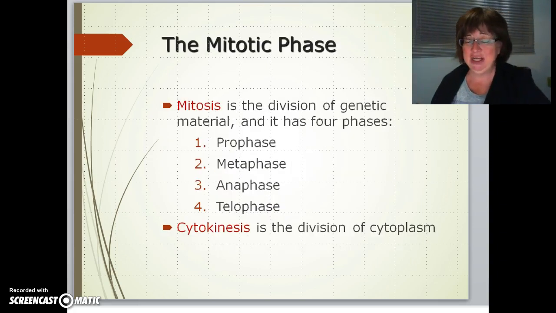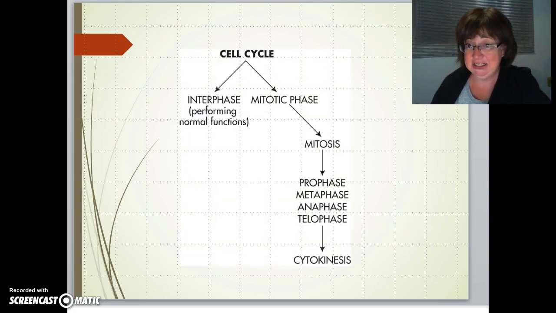Inside mitosis, there are four different phases, which are continual, but there are specific things that occur in each one. At the end, once the chromosomes have divided, you get cytokinesis, which is the division of the cytoplasm. Mitosis goes prophase, metaphase, anaphase, telophase, and I remember it as PMAT.